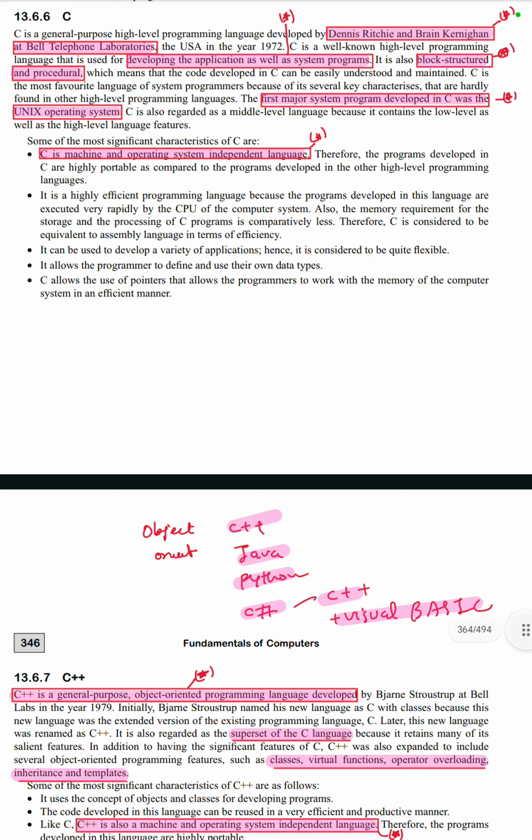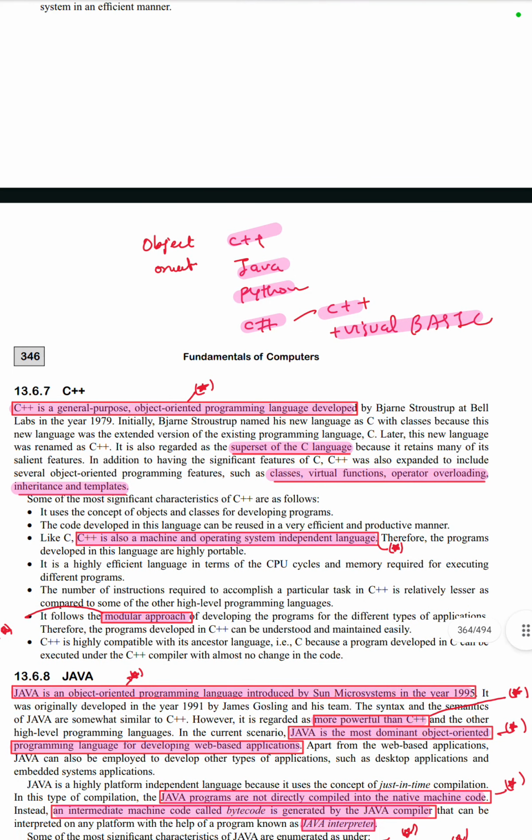C is also regarded as a middle level language because it contains the low level as well as the high level language features. C++ is a general purpose object oriented programming language developed by Bjarne Stroustrup at Bell Labs in the year 1979.